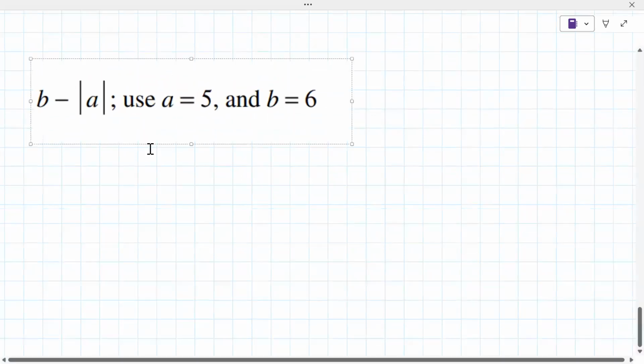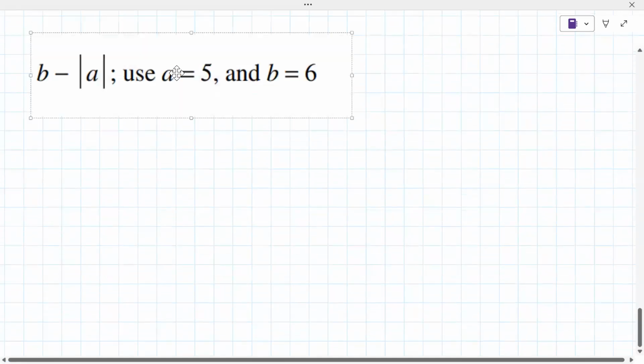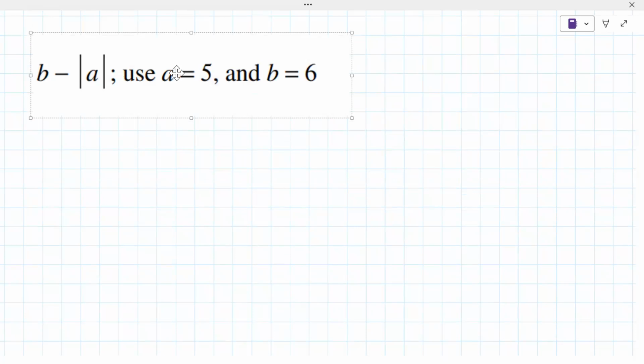Again, really important that you put the numbers in correctly. Would it be -1? 6 minus the absolute value of 5.